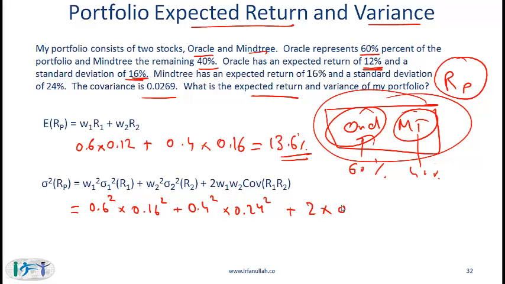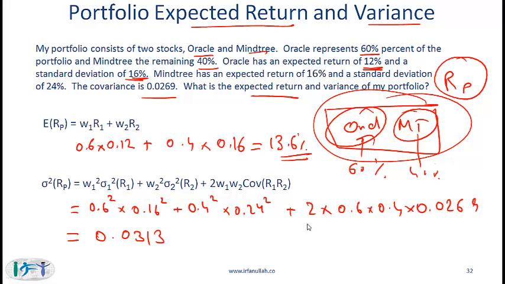So 2 times 0.6 into 0.4 multiplied by the covariance between the returns on the two stocks, that is 0.0269. You do the calculation and should get 0.0313. This is the variance of the overall expected returns of the portfolio.